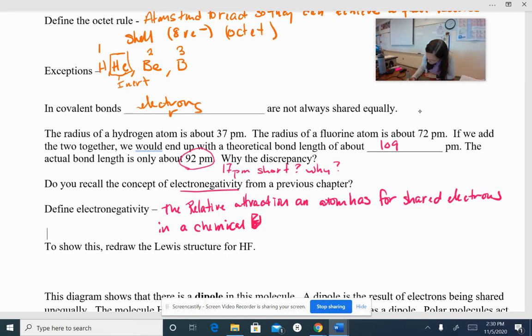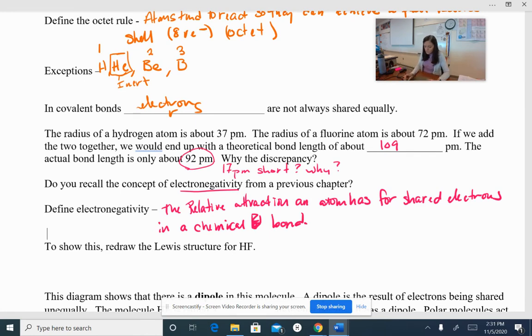Oh my gosh, I can't spell. Okay, so it's the relative attraction an atom has for a shared pair of electrons or a shared set of electrons in a chemical bond. So, do some atoms attract the electrons more than other atoms?